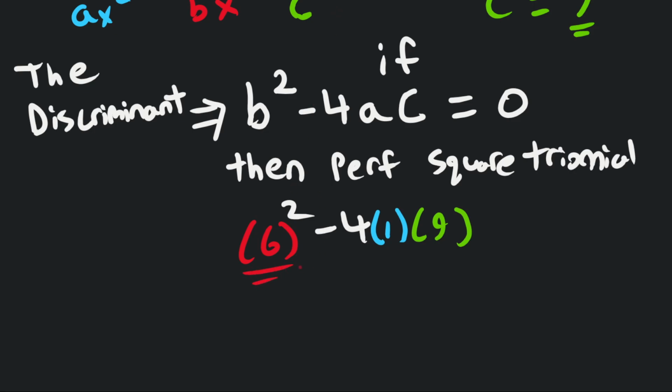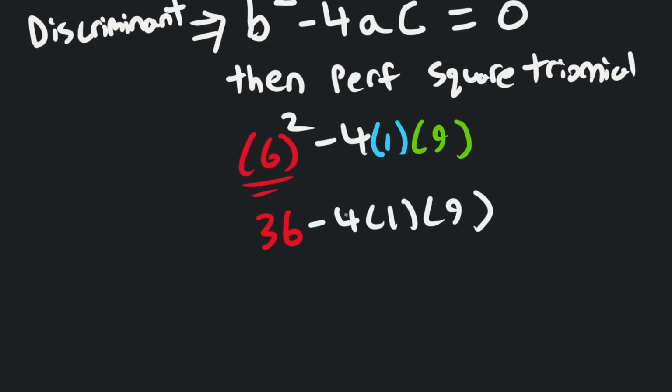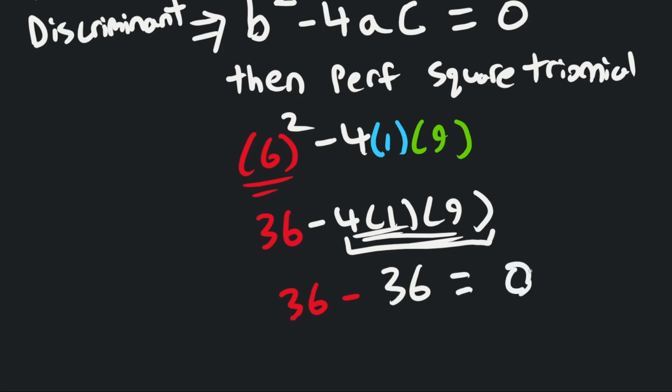Good. So what is 6 squared? Let's evaluate this first. 6 squared is 36. Then let's write the rest of it: minus 4 times 1 times 9. According to PEMDAS, we'll do the multiplication first. What is 4 times 1 times 9? 4 times 1 is simply 4, and then 4 times 9 is 36. So we have 36 minus 36, which equals 0.